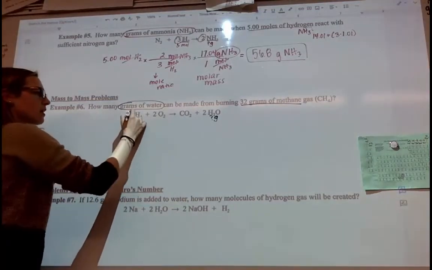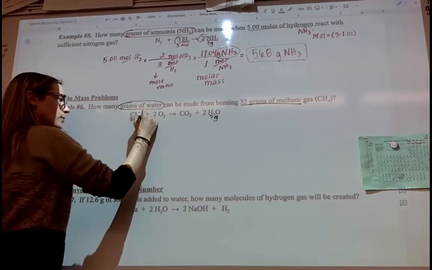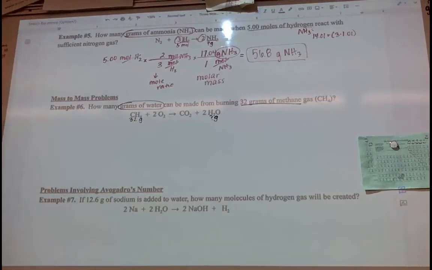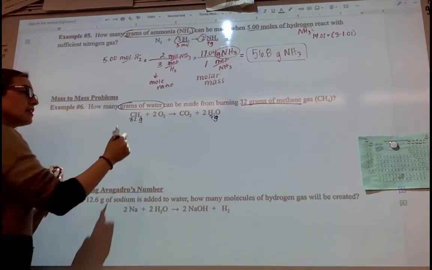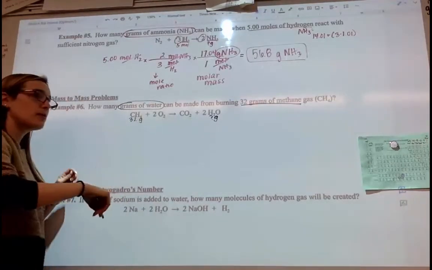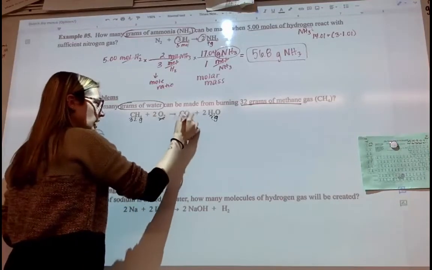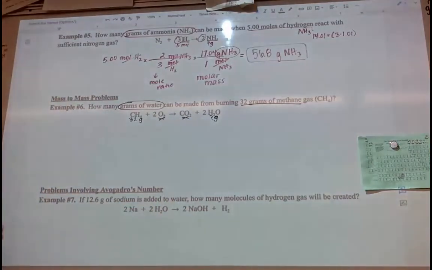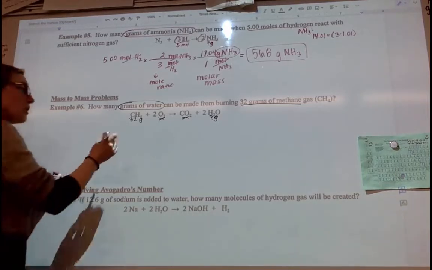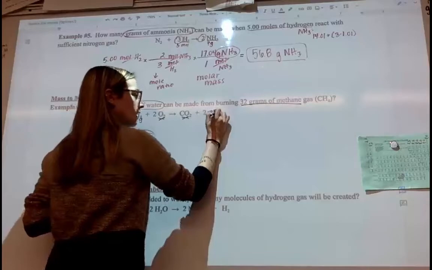Methane is CH4. So I'm going to put 32 grams underneath CH4. This said nothing about oxygen, nothing about CO2. I really don't care about these 2 substances for this stoichiometry problem. Our focus here is going between methane and water.